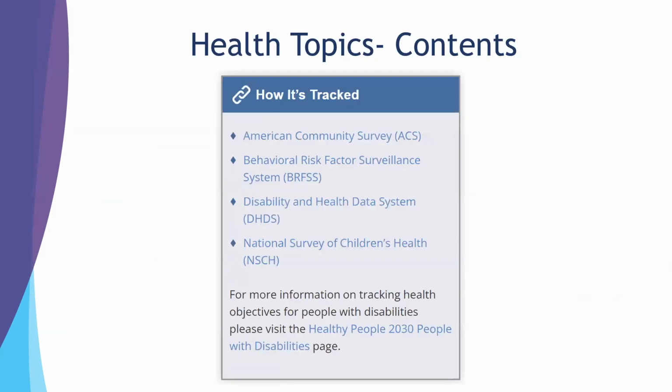The last option in the data section shows how the topic is tracked. This highlights data sources with information relevant to the topic area. The hyperlinks will take you to further information about each topic data source. And this is also where you can quickly access the Healthy People 2030 objectives related to the topic area.